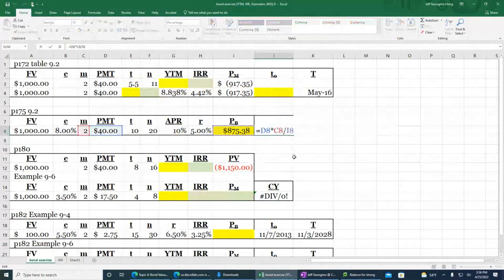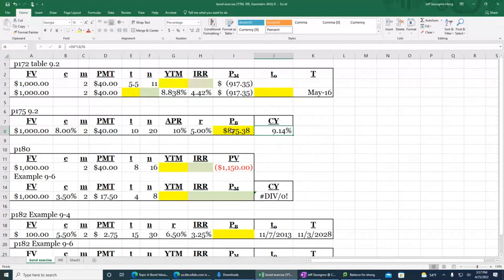This is current yield. Current yield is basically annual coupon payment, isn't it right? C times 2 times this, divided by the price of the bond, the selling price of the bond, okay?